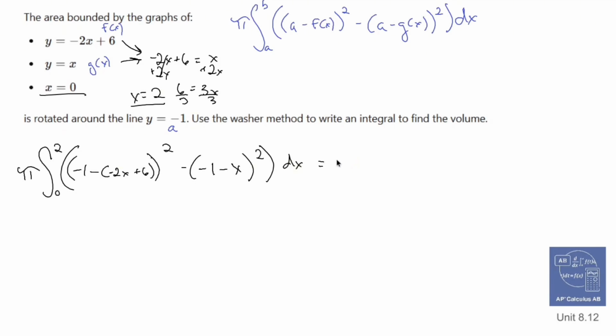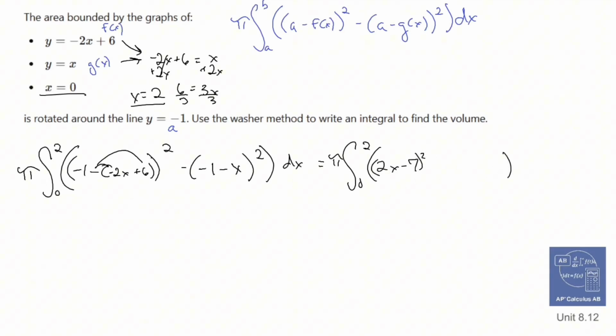So that's going to end up being pi times the integral from 0 to 2 of, let's kill two birds with one stone to make life easy. That becomes negative, so that's 2x. It would become minus 6. Okay, so minus 6 minus 1 is minus 7. So that guy squared. I did it again with the parentheses.